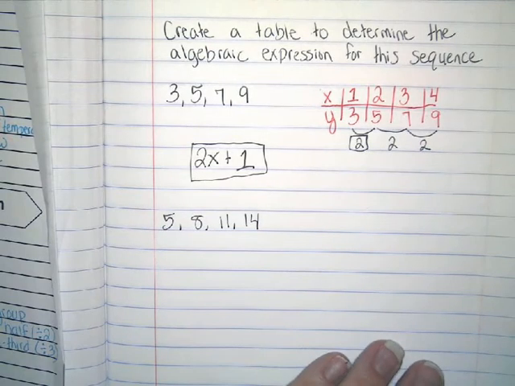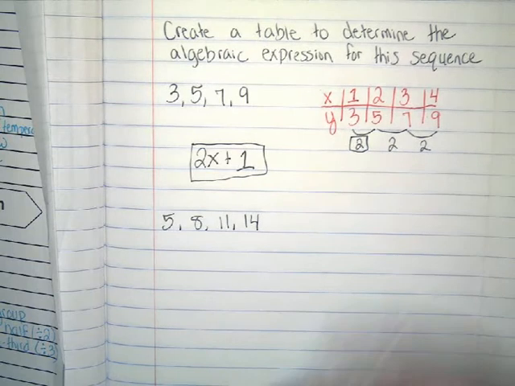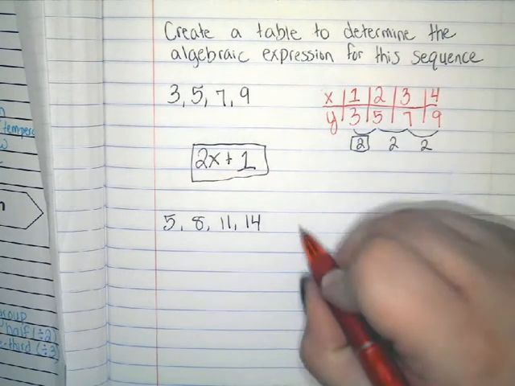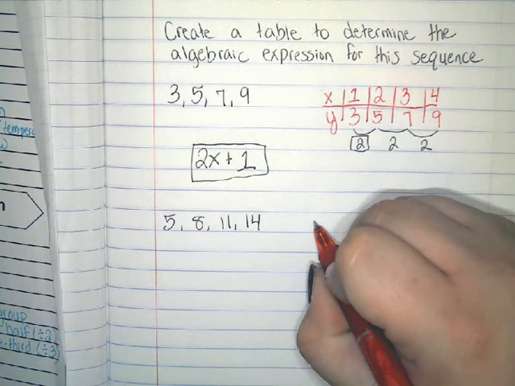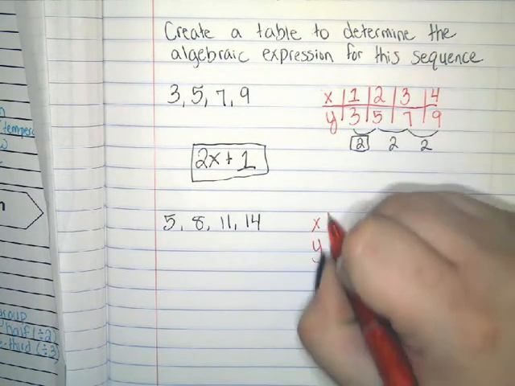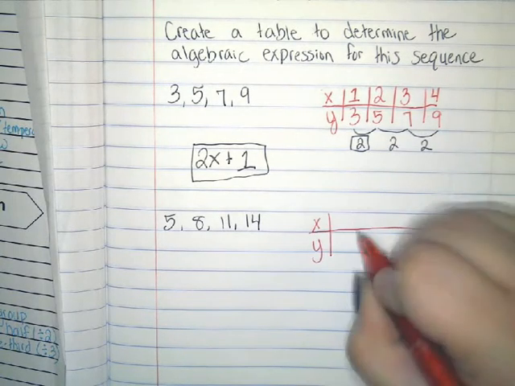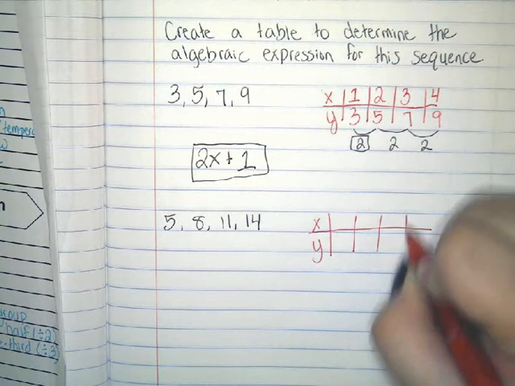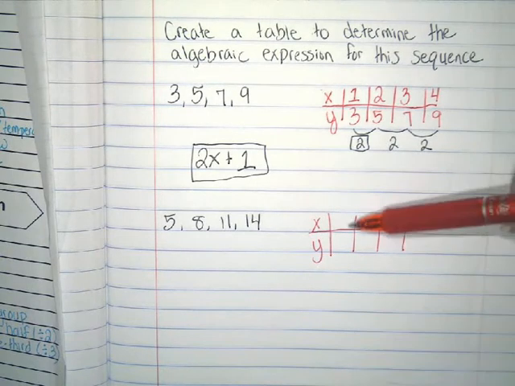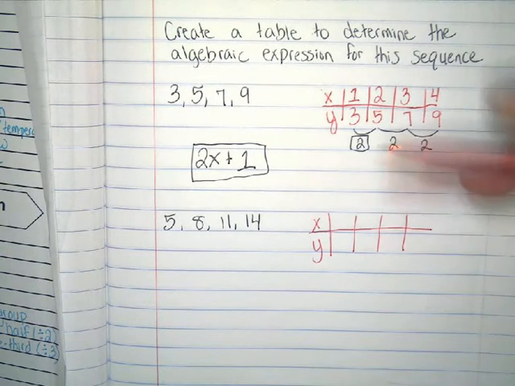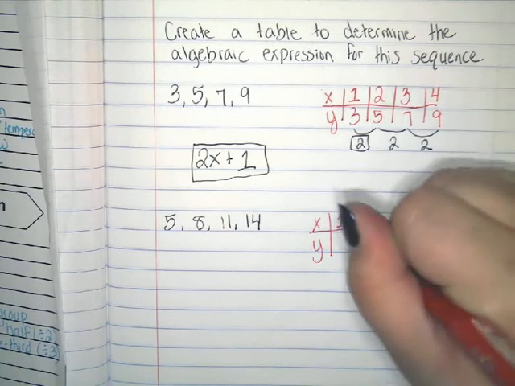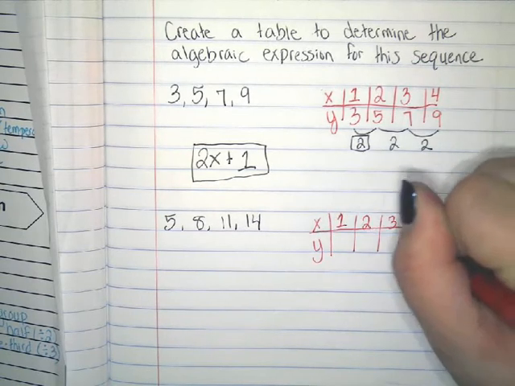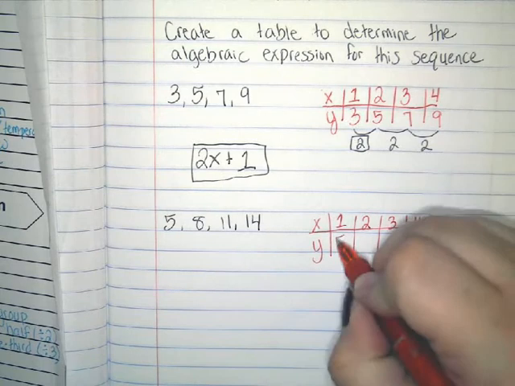Before that, I don't have anything written down. My table, what starts my table? X and Y. Then a line. Okay, so I'm going to divide it into 4 sections. What's going to go on the top? 1, 2, 3, 4. What's going on the bottom? 5, 8, 11, 14. Good.